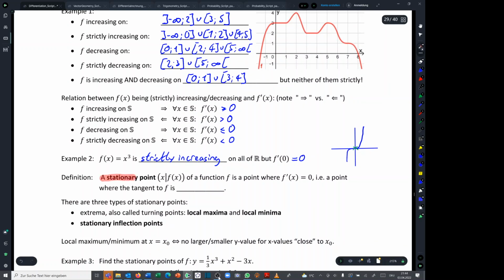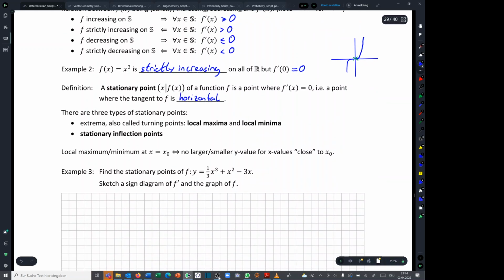Definition: a stationary point of a function f is a point where the derivative is 0. This means it's a point where the tangent to f is horizontal. Stationary points are points where the tangent is horizontal.